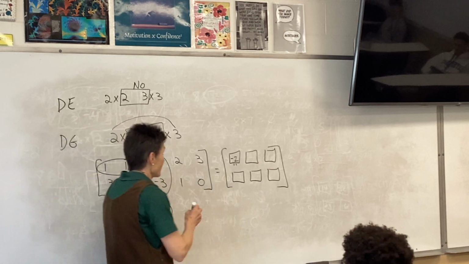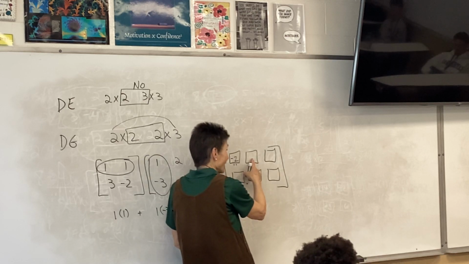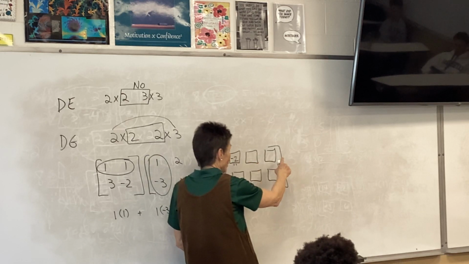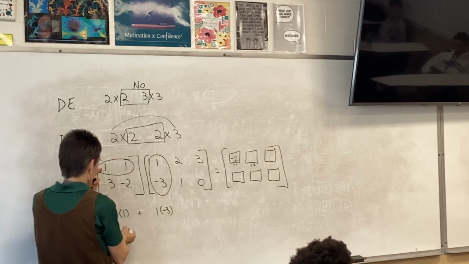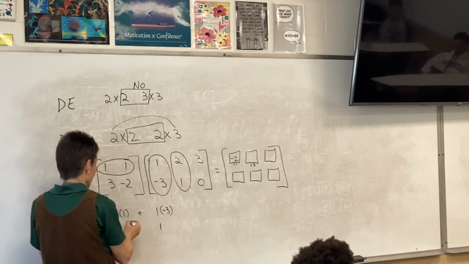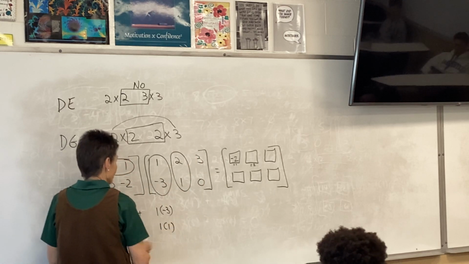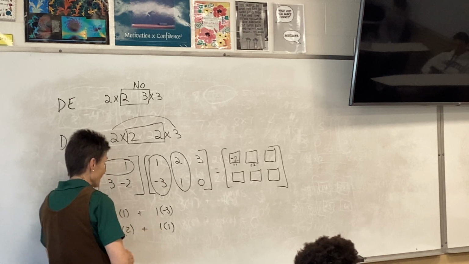All right, so now I'm ready to find this number. Well, what position is that? First row, second column. So now I'll write down my first row, but now I need my second column, which is 2, 1. So multiply each pair and add them together.